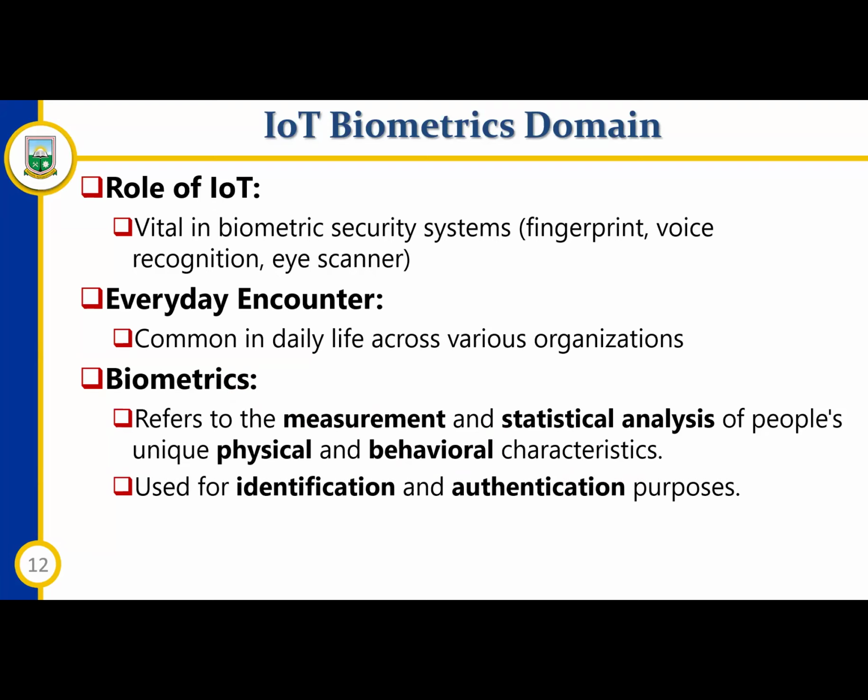When we talk of physical biometrics, they are based on the physical characteristics of each individual. It's not just the physical characteristics, it has to be unique to each individual. So we can confidently say that fingerprint is a physical characteristic which is unique to everybody.